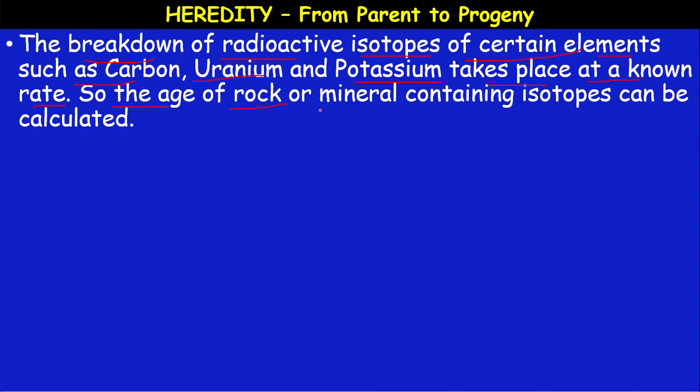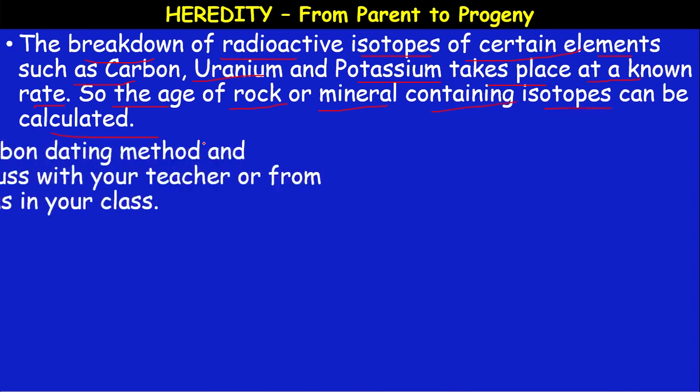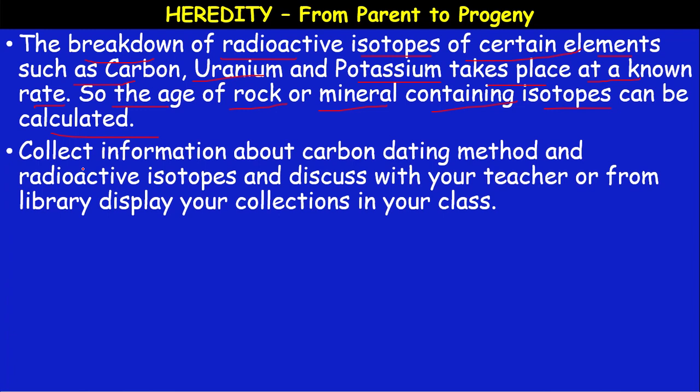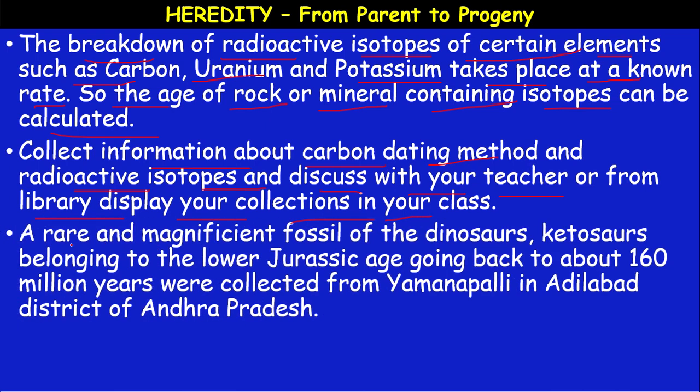So, the age of the rock or mineral containing isotopes can be calculated. Collect the information about the carbon dating method and radioactive isotopes and discuss with your friends in this class. In the library, display your collections in your classroom.